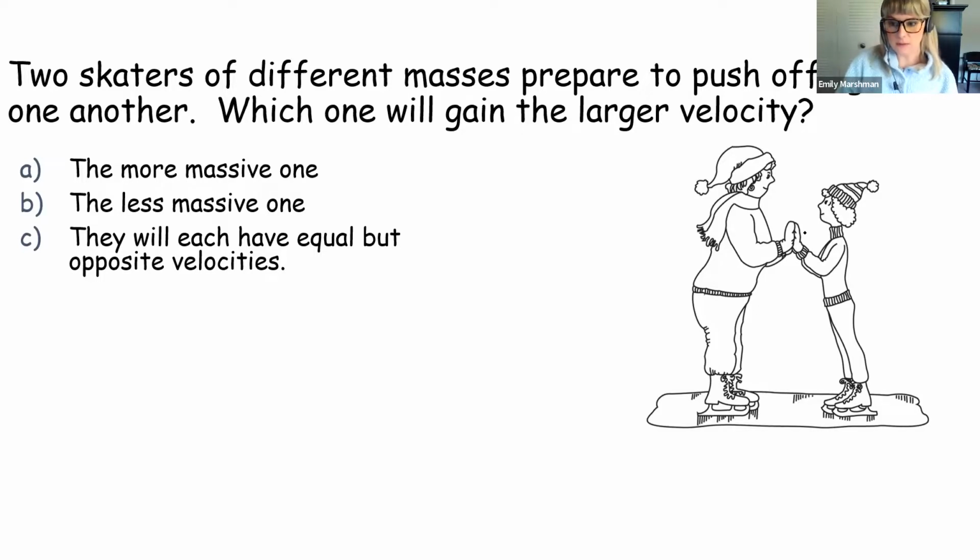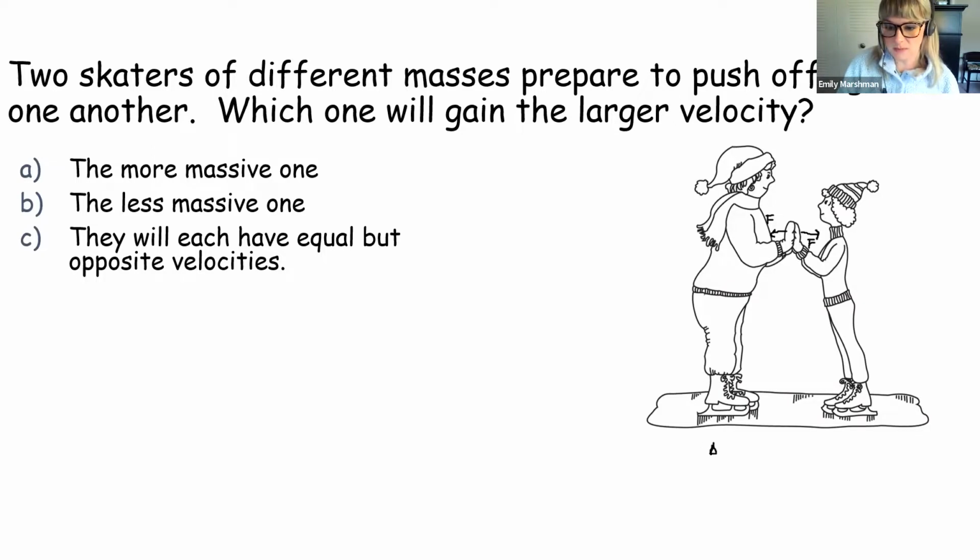While they're pushing off from each other, they're going to exert forces on each other that are equal and opposite in size. That means their impulses are also going to be equal and opposite, and the change in momentum for each person is going to be equal and opposite.